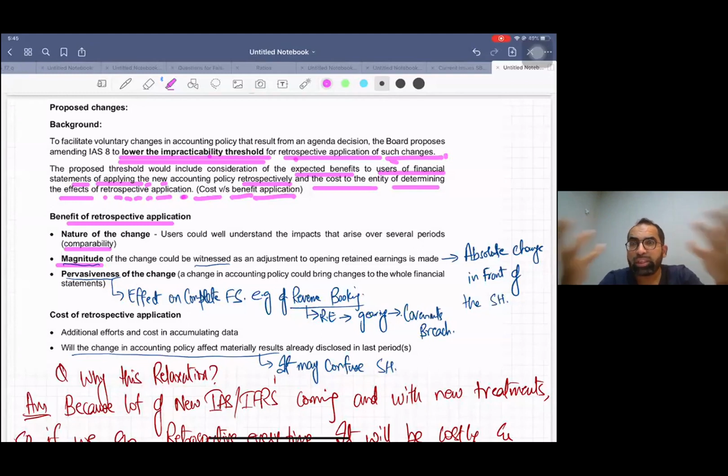So that the shareholder can understand that because of this accounting treatment change, we had this much loss or this much profit. You are getting? Now, pervasiveness of the change. Now wait, this is very technical. Pervasiveness means what is the effect of this transaction on the overall financial statement.